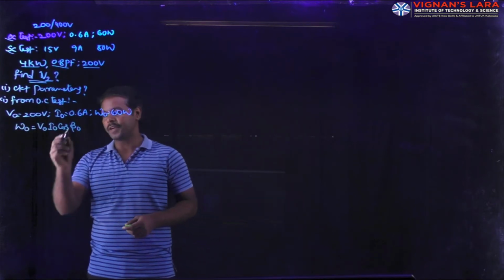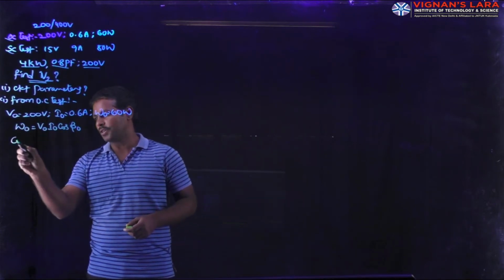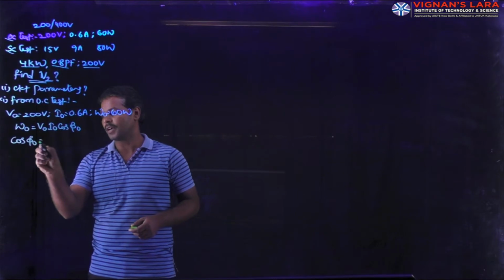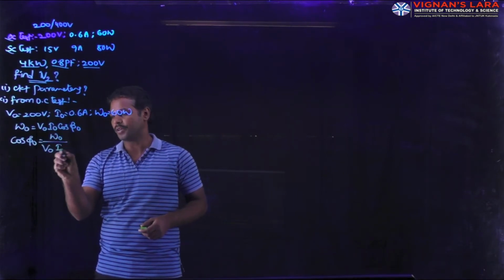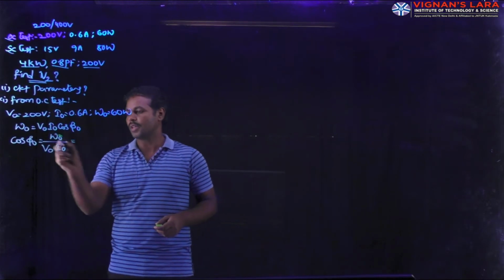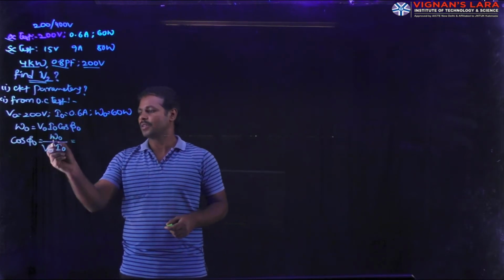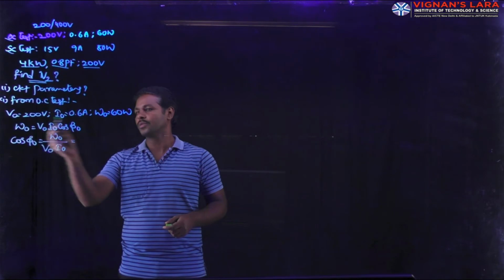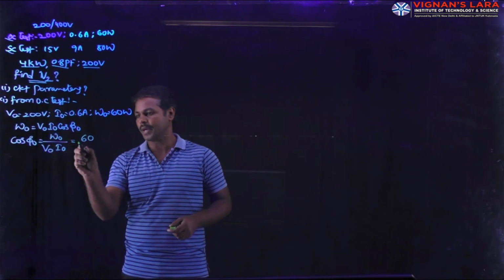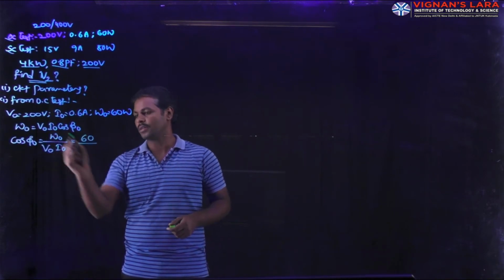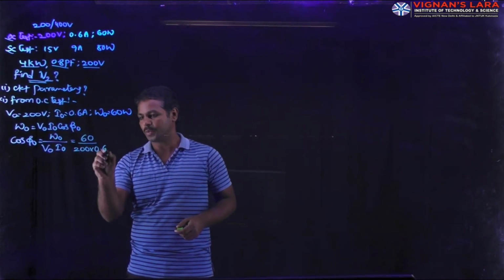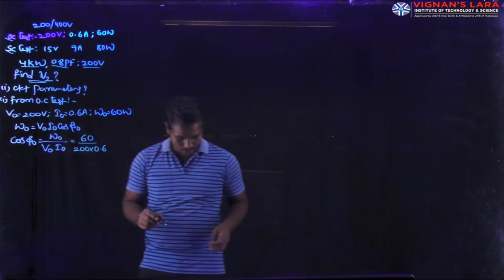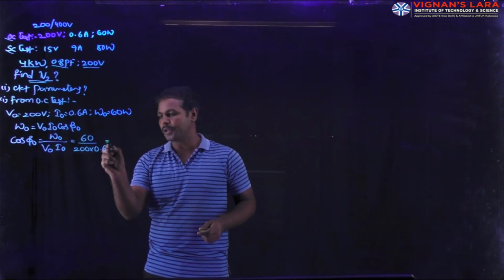So cos phi naught is equal to W0 divided by V0 into I0, which is 60 divided by 200 into 0.6.